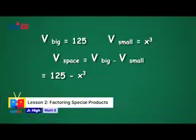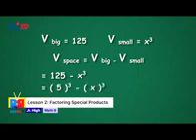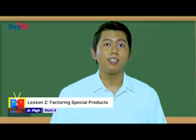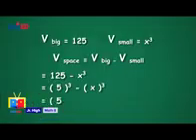Again, we can express 125 as the cube of 5 minus x cubed. We write the binomial factor using the expressions we acquired, 5 and x. Remember that the first sign is the same with the given. So we will have 5 minus x.